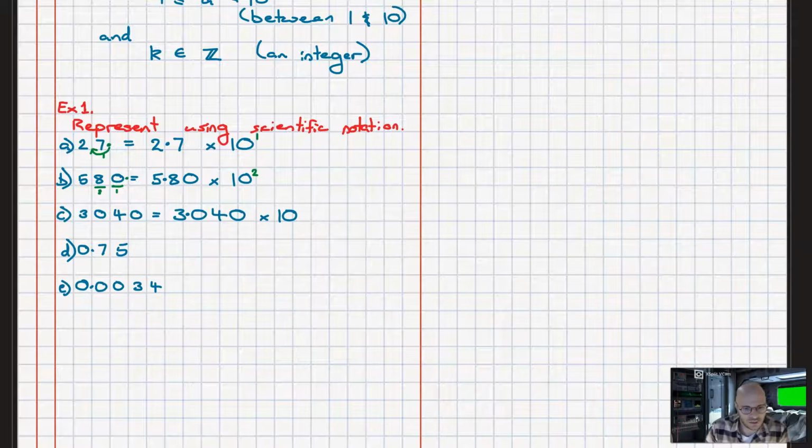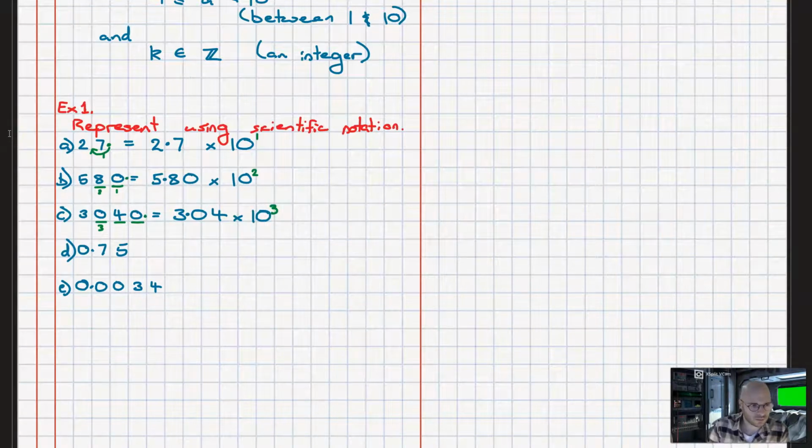Now looking at this, we moved the decimal place. It was here and it went 1, 2, 3. So the exponent on our times 10 is going to be 3. So we represent 3040 as 3.040 times 10 to the 3, or in this case I'm actually going to drop the 0, and it will be 3.04 times 10 to the power of 3.